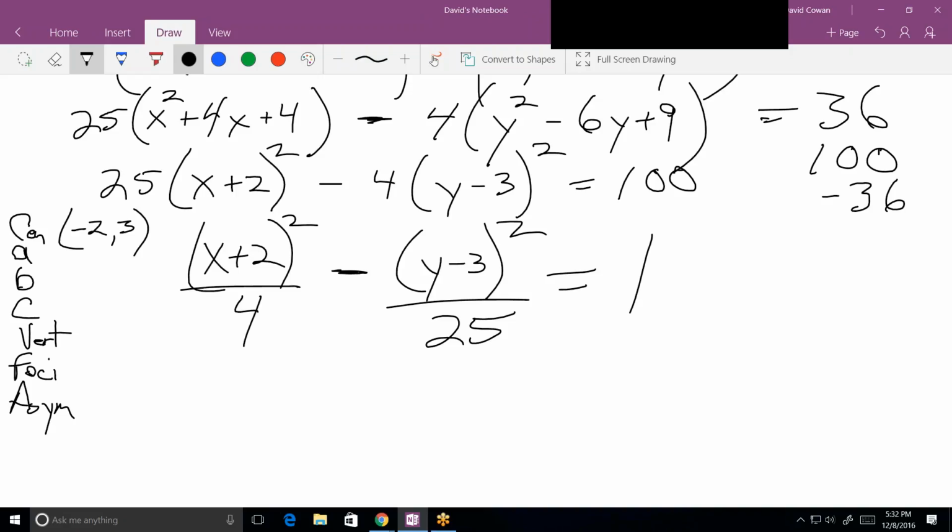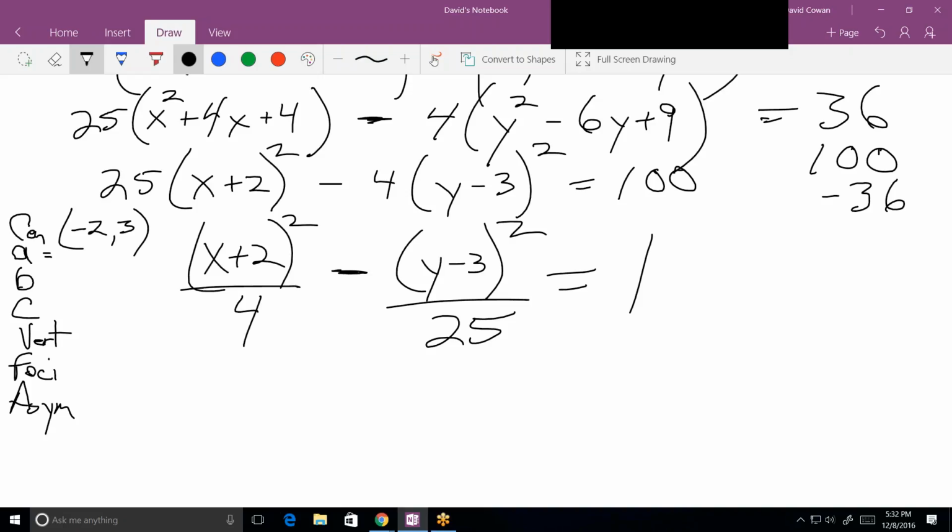A. I have a question. Why is A always under the x term in a hyperbola? Both of these were horizontal hyperbolas, because the negative sign was x minus y and not y minus x. If it's y minus x, then the A is going to be under the y term.